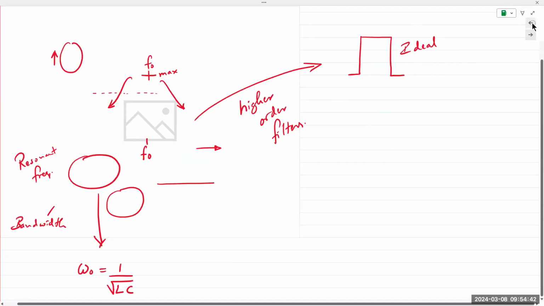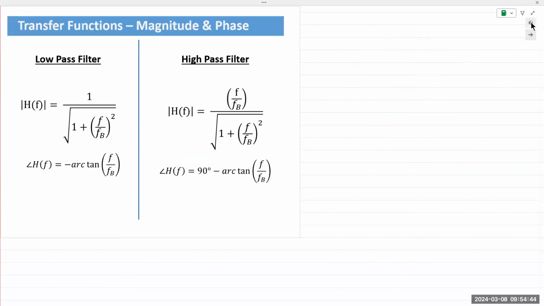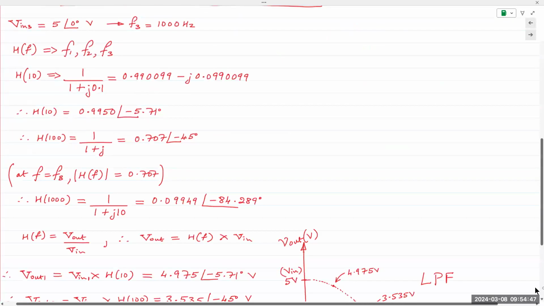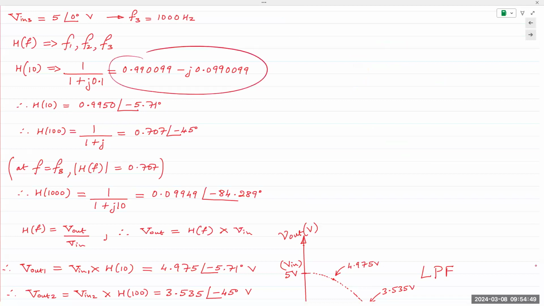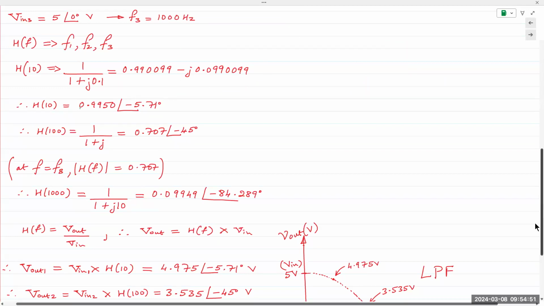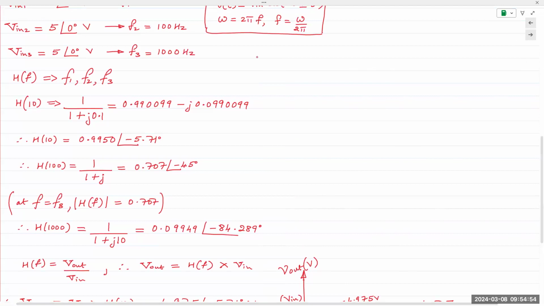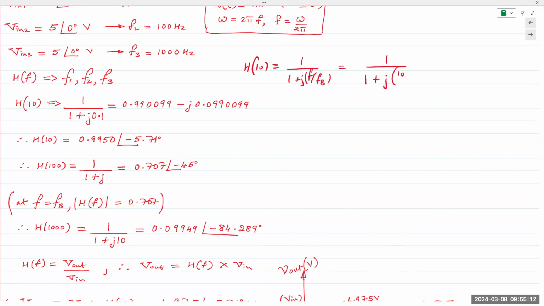So the question being asked is how I got here. I simply plugged in the values of f. So H of f, or H of 10, would be 1 over 1 plus j f over fb. This f in this case would be 10, so I would plug in 1 plus j 10 over fb, and fb is 100 for all.